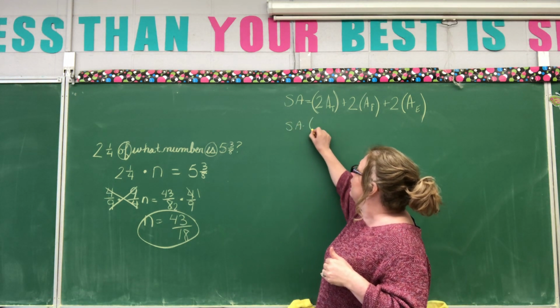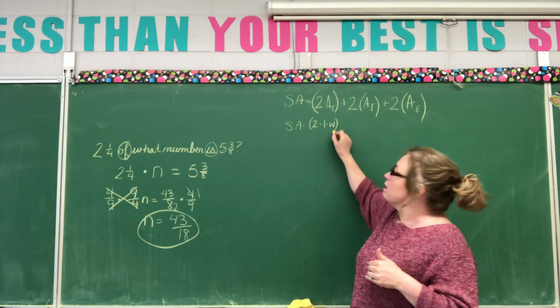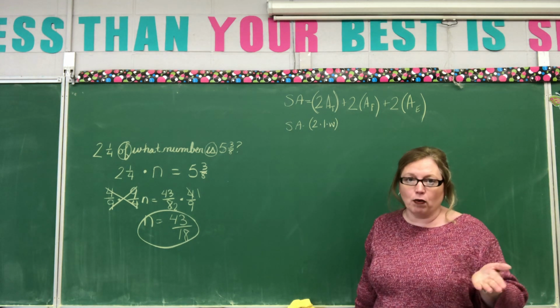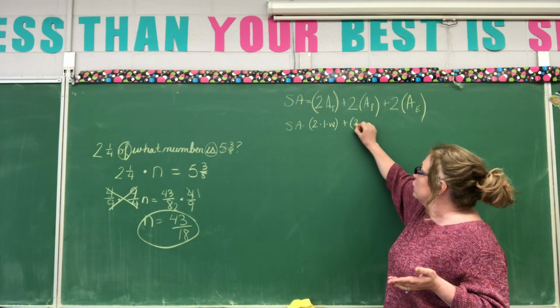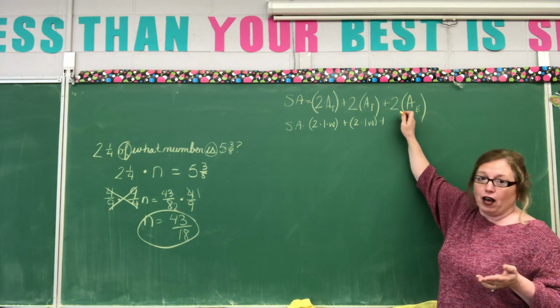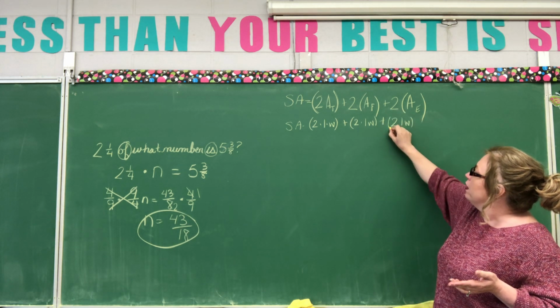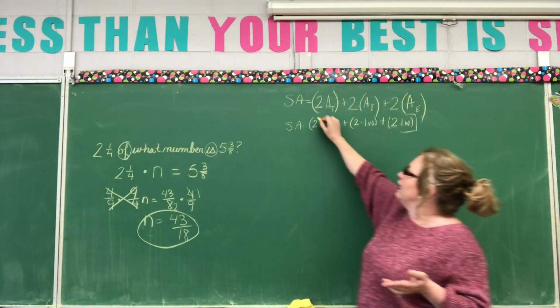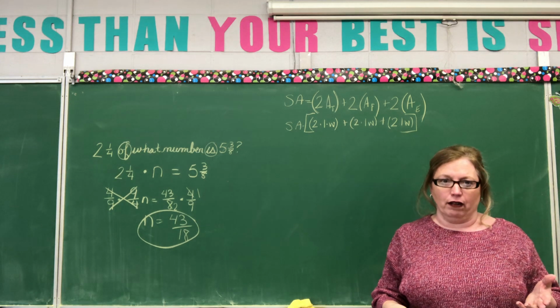So we're going to say 2 times length times width. That's how I'm going to find the area of that. For the front, I'm going to say 2 times length times width. And the area of the end will be 2 times length times width. Now, all of this together goes to give me my surface area.